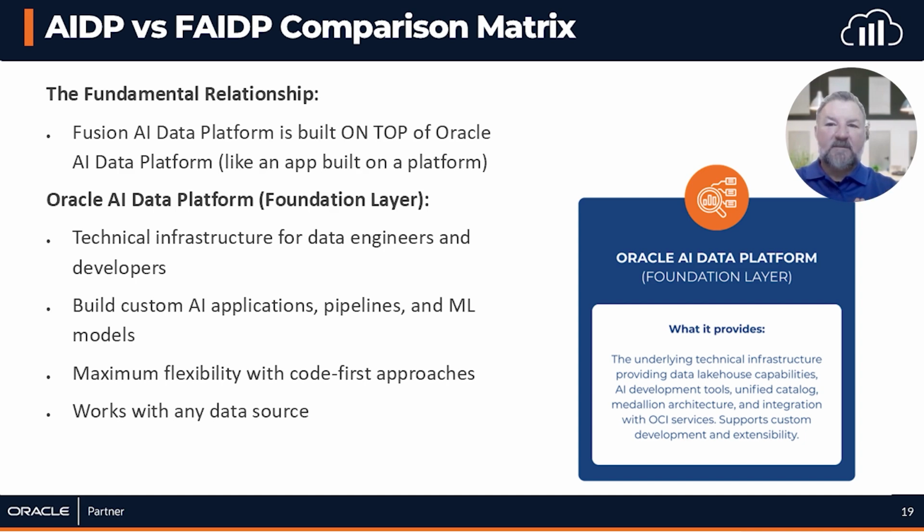Again, we've got two different purposes. Fusion AI Data Platform is pre-built for the Fusion applications, and AI Data Platform, which is the foundation underneath which FAIDP is built, is meant for engineers and people to build their own.